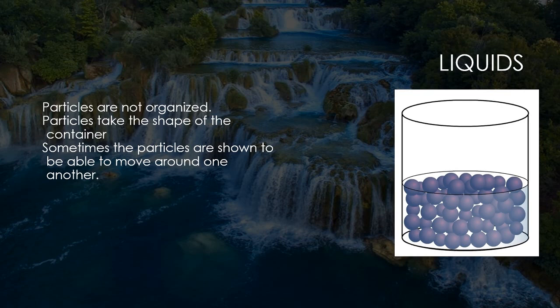You could show with some arrows that one of the particles is slipping around another particle. That's totally fine. Ultimately, the big thing is you just draw a glass or a beaker, put a surface level to it, and draw all the pieces inside.